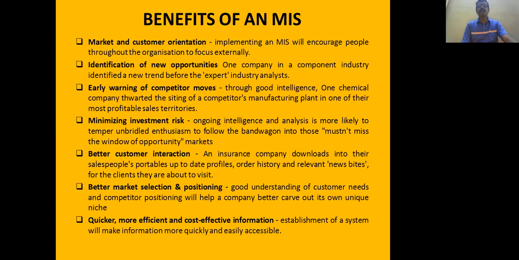What are the benefits of marketing information system? It gives the information regarding customer orientation. The needs and wants of the customer are identified and the products are produced as per the needs and requirements of the customers.